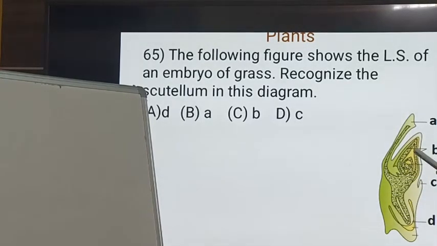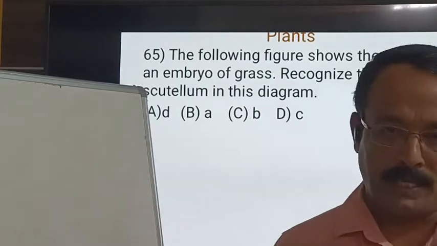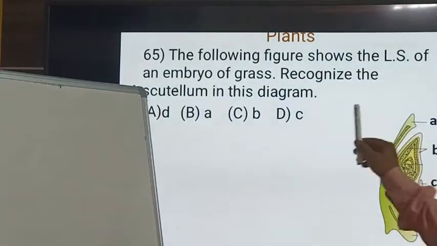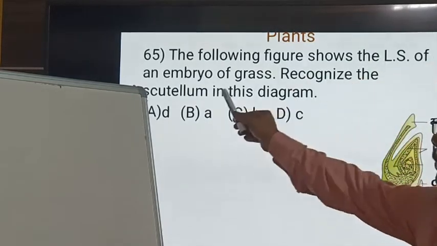In the epicotyl, the labeling that we have marked B is the coleoptile, a membrane that covers the shoot primordia, that is plumule, and the labeling C is the epiblast, and D here is the radicle, and the radicle is covered by a root cap and a thin membrane called coleorhiza. So the following figure shows the LS of embryo of grass.